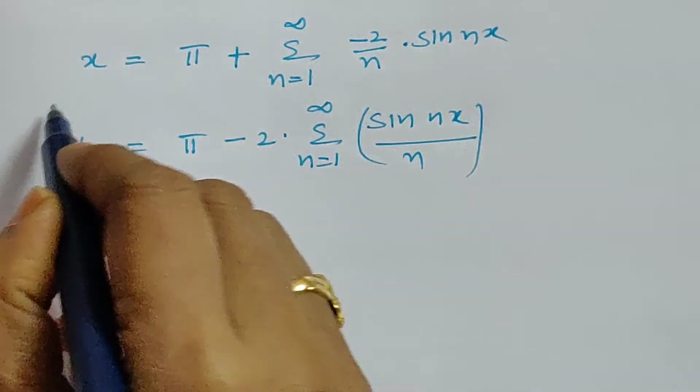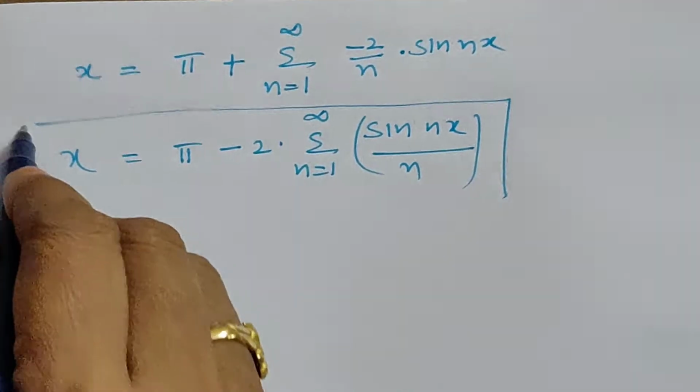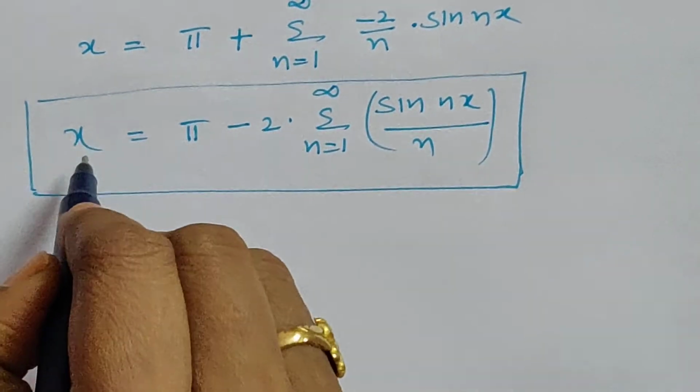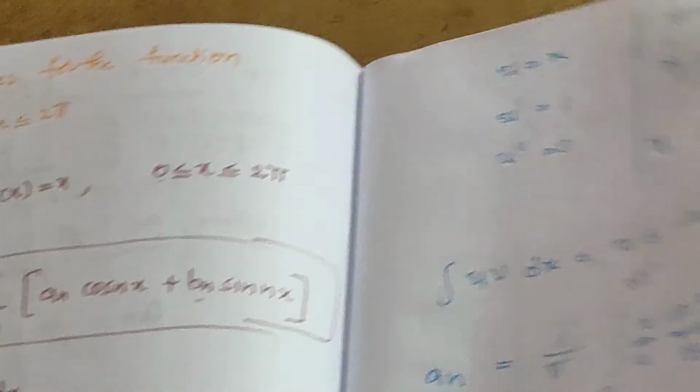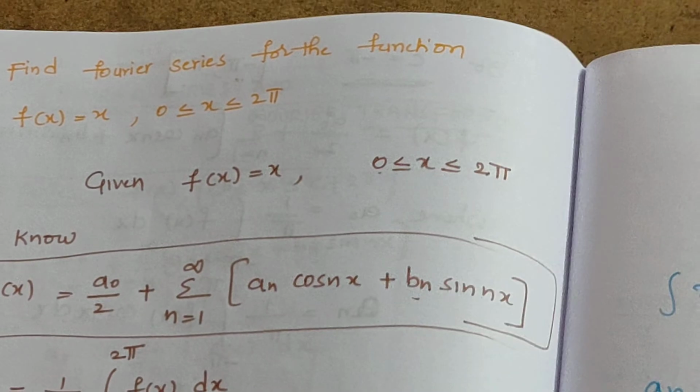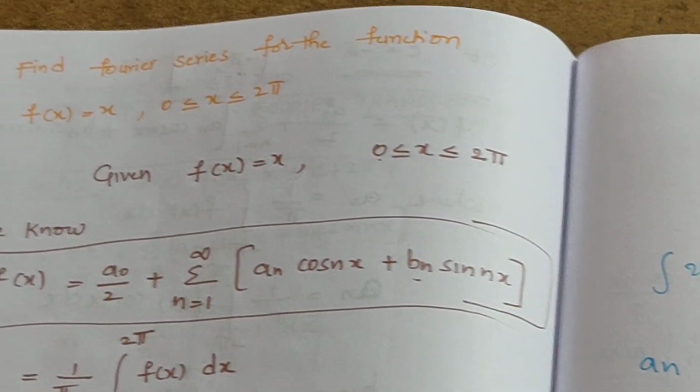This is the required Fourier series expansion of the function x in the interval 0 to 2π. This completes the problem solution.